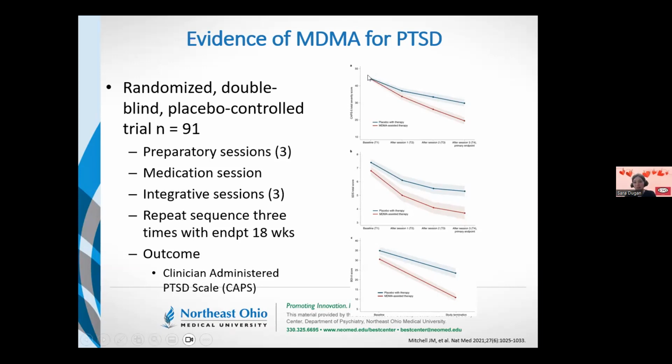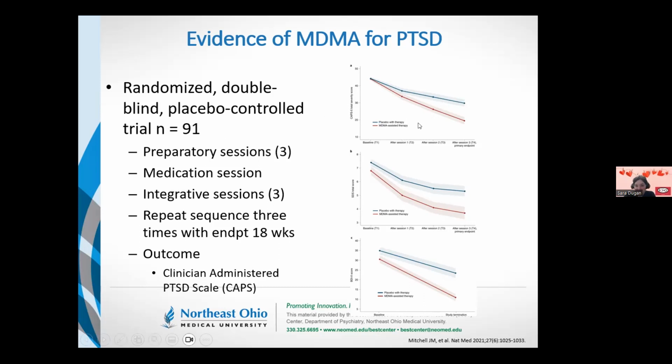The patients, the blue line, which is on top in all 3 of these graphics, are the placebo patients. The red line, or the bottom line, are the patients who were given MDMA. I'm just going to focus on the top one just for sake of time. So they saw a pretty significant decrease in PTSD symptoms in patients who were on MDMA.